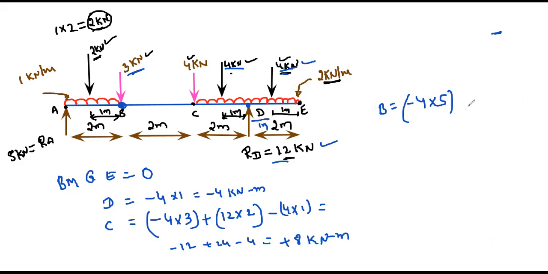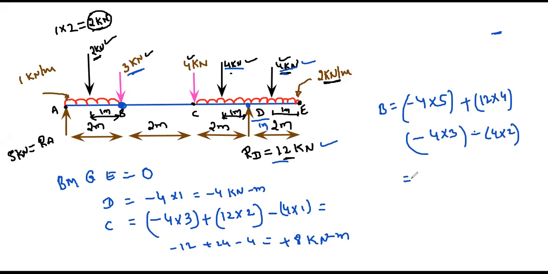Next, I have plus this 12 kilonewton into distance 4. Next I have minus this 4 kilonewton into the distance, 2 plus 1 is 3. Next I have this 4 kilonewton here, negative 4 into this distance, which is 2.